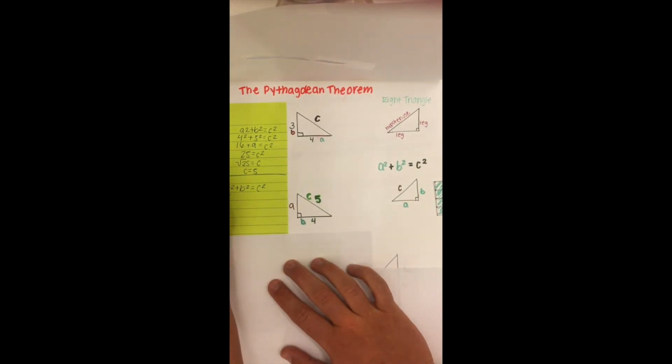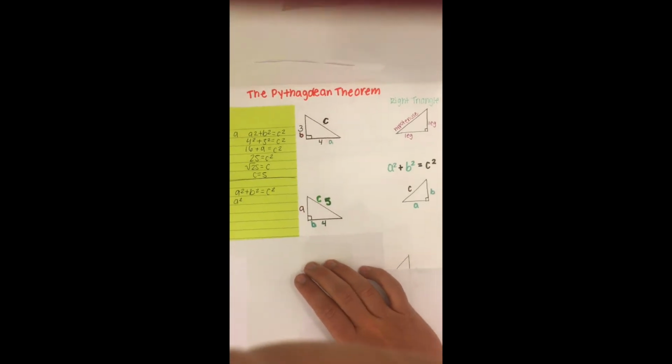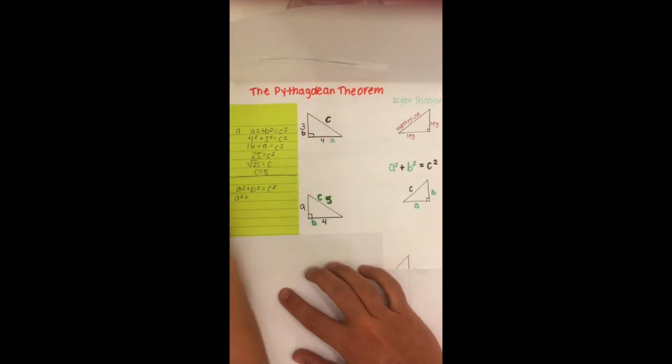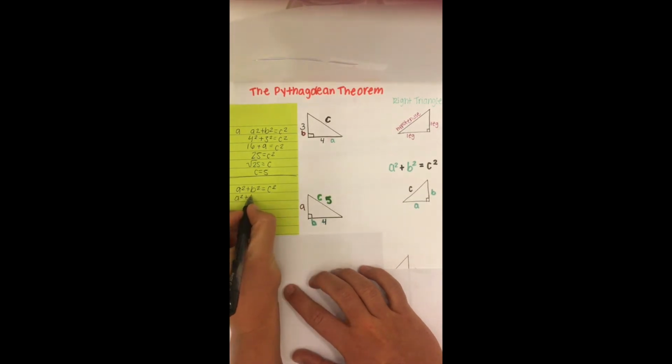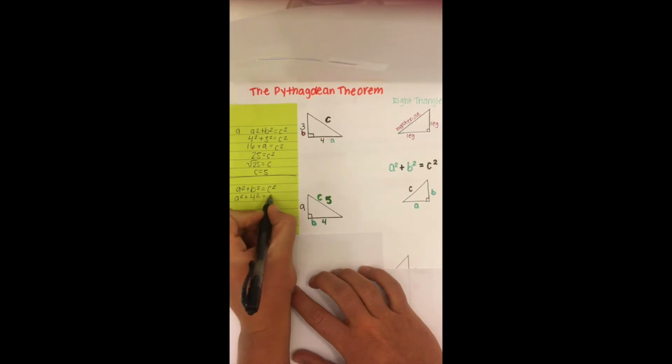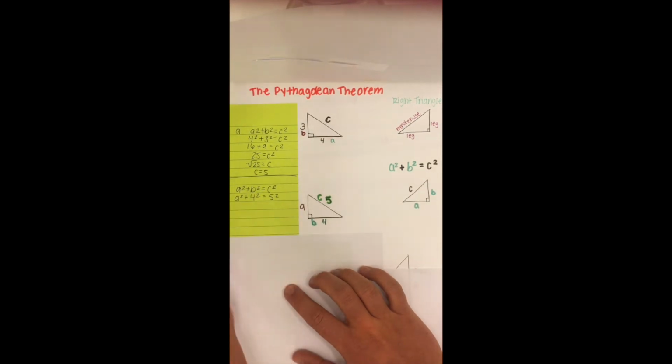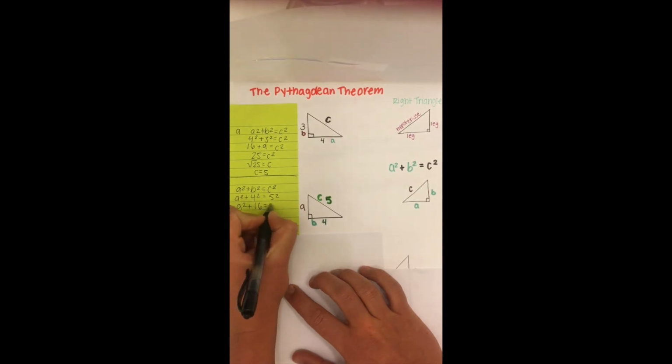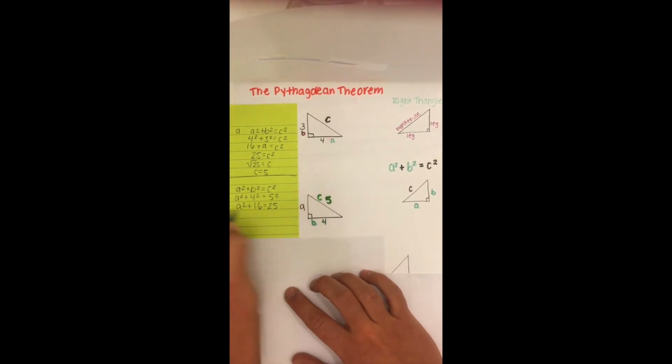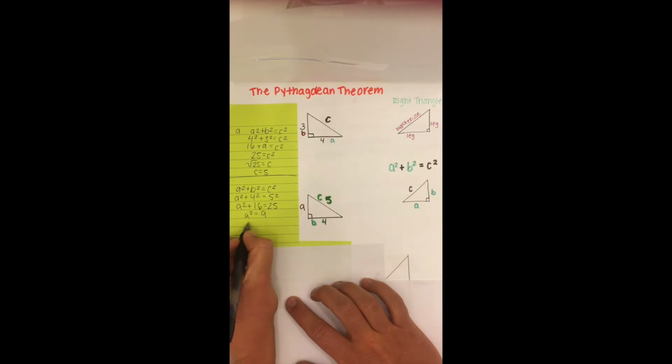So we're looking for a squared, so we're going to keep that as a variable, plus b squared, which we know to be 4, so 4 squared equals 5 squared. If we solve, we have a squared plus 16 equals 25, and 25 minus 16 is 9, and the square root of 9 is 3.